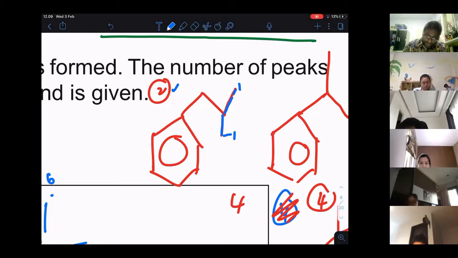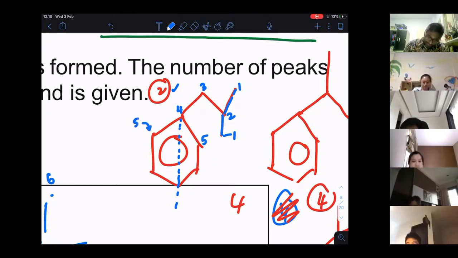This is going to be a different carbon environment, 2. This is another different carbon environment, 3. This is 4. Now, the best way to look at it is by making it a symmetry. If this is 5, this is also 5.